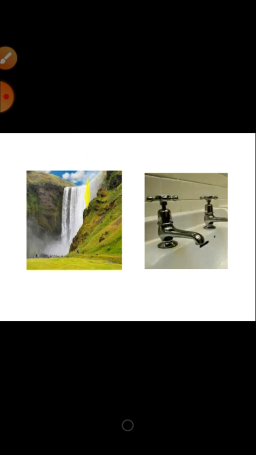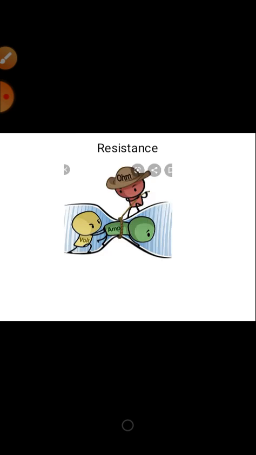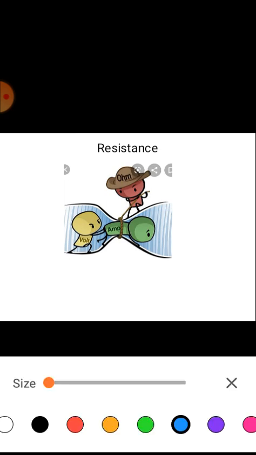So I have given one example here. The water pressure will be more in the dams or waterfalls compared to the water which comes into the house. The next concept is resistance. You can see one picture here. The person called voltage is trying to push the amperes into the conduit, but the person named ohm is opposing that work.